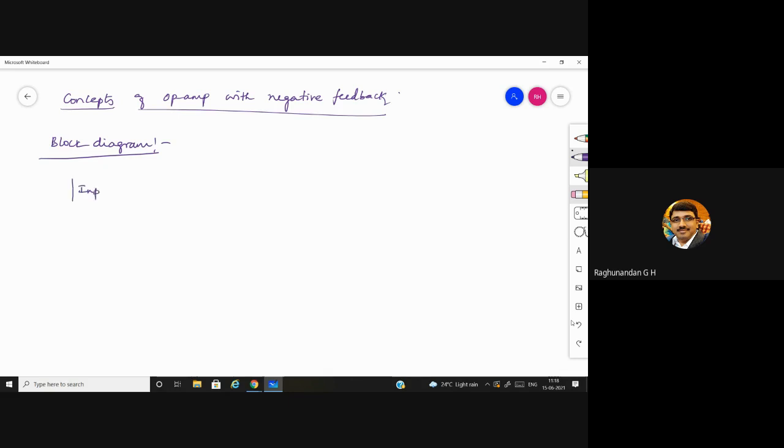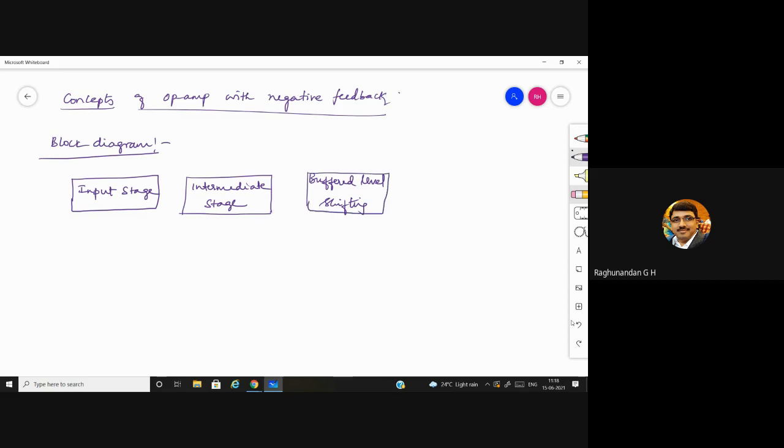See this, the op amp has the input stage, intermediate stage, buffered level shifting stage, and the last part is the output stage.